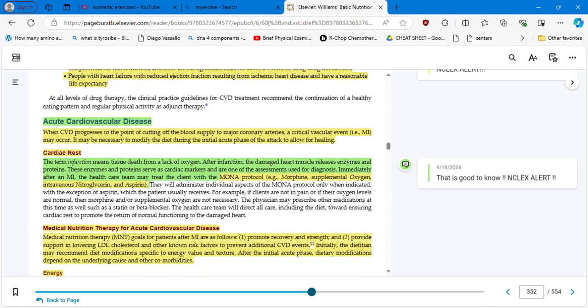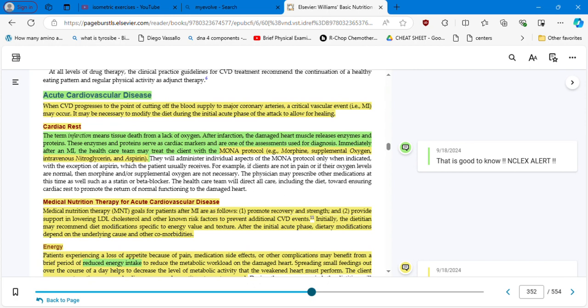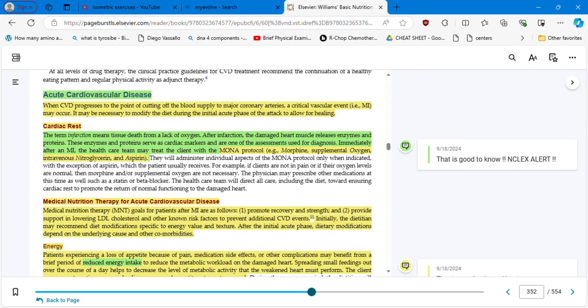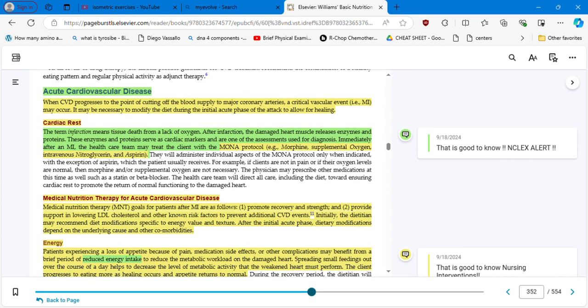Now, let's switch gears and talk about acute cardiovascular disease. When CVD progresses to the point of cutting off the blood supply to major coronary arteries, a critical vascular event like an MI may occur. We need to modify the diet during the initial acute phase of the attack to allow for healing.